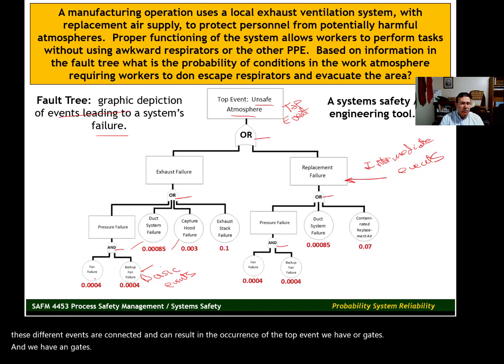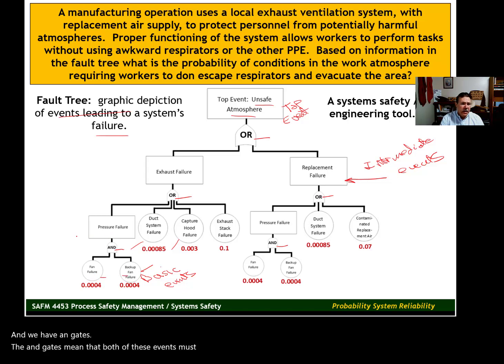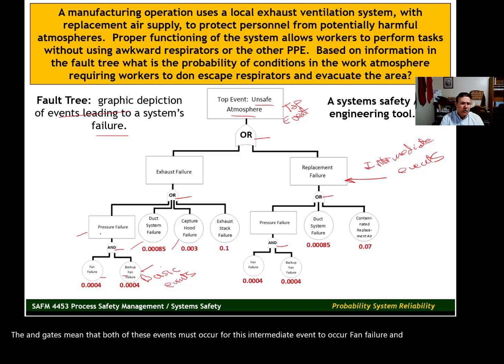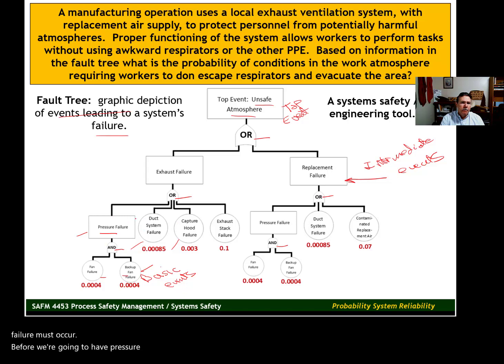The AND gates mean that both of these events must occur for this intermediate event to occur. Fan failure and backup fan failure must occur before we're going to have pressure failure. The OR gates mean that if any of these four events occur, we're going to have exhaust failure in this particular example.